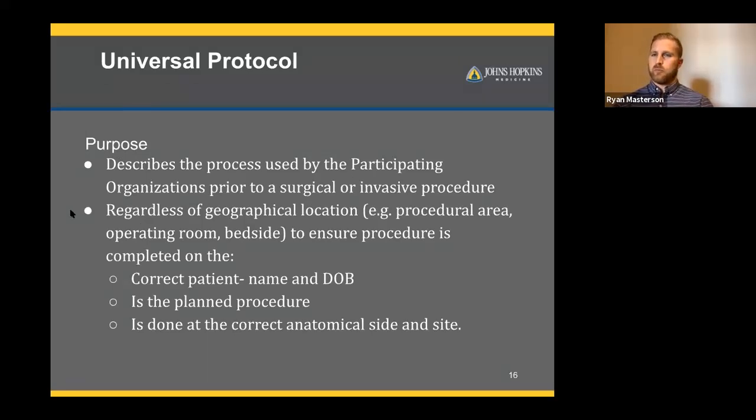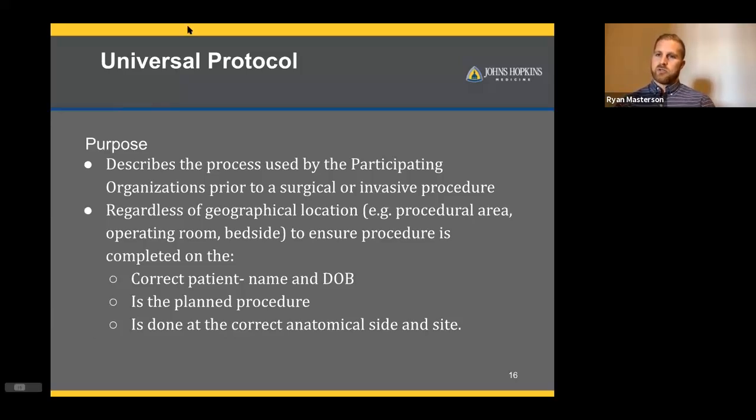So this universal protocol is in place to describe a specific process that's to be used by every participating organization prior to any surgery or invasive procedure. And this doesn't matter where this takes place. It could be in the OR, it could be at the bedside, it could be in a procedural suite.